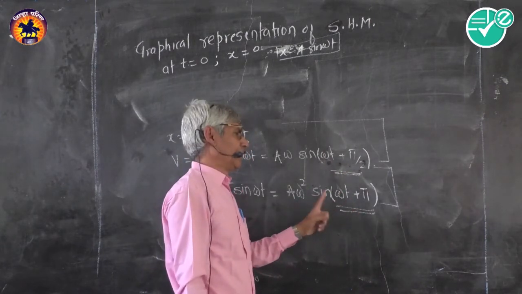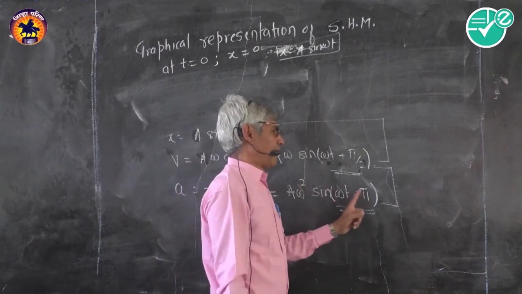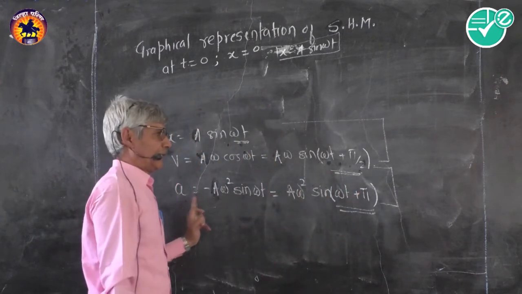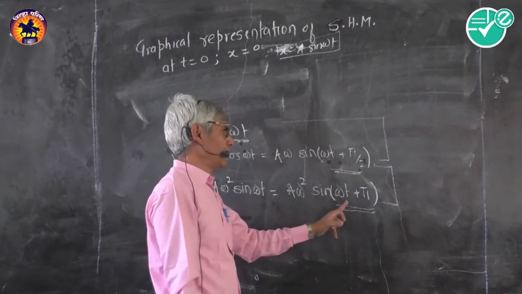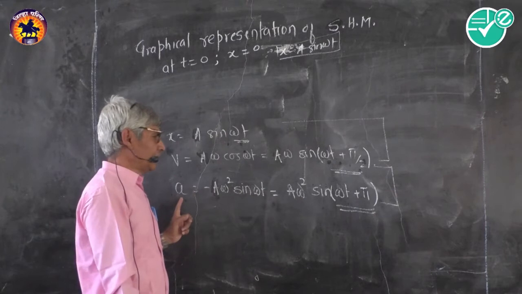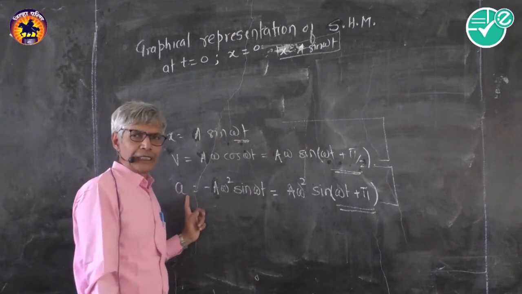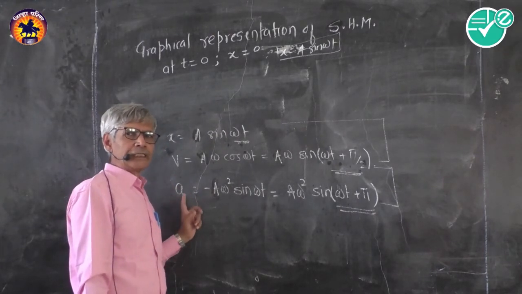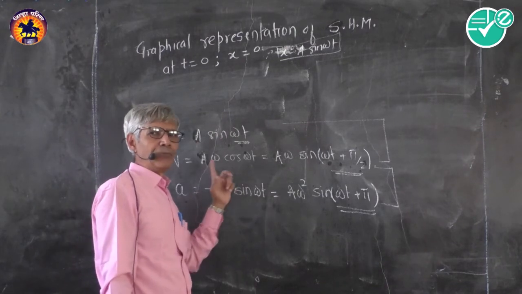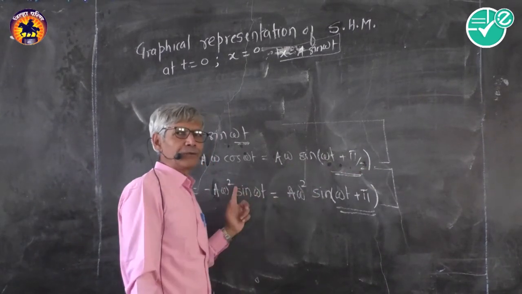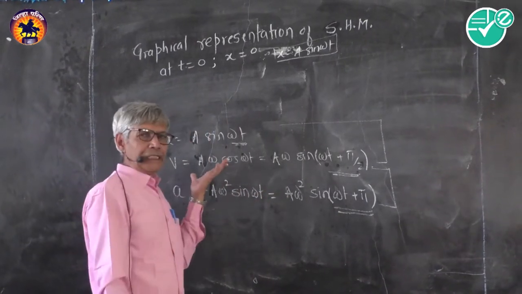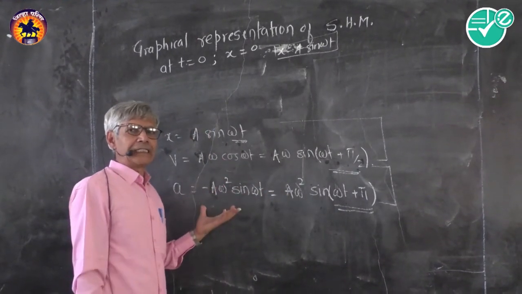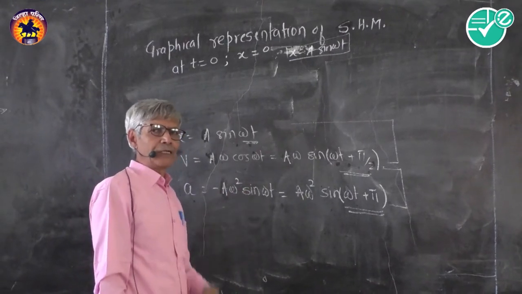From these equations, we can conclude that the linear acceleration leads the linear velocity by a phase angle of pi by 2, or the linear velocity lags behind the linear acceleration by a phase angle of pi by 2.